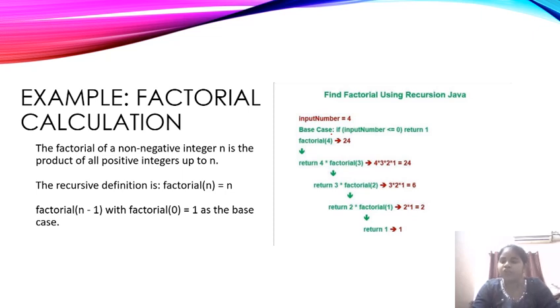So 4 into 3 into 2 into 1 equals 24, returns 3. Again factorial 2, 3 into 2 into 1 equals 6, returns 2. Factorial 1, 2 into 1 equals 2, so returns 1.